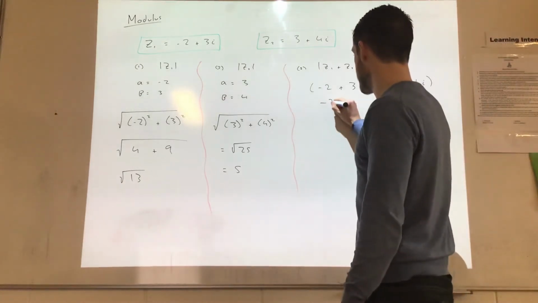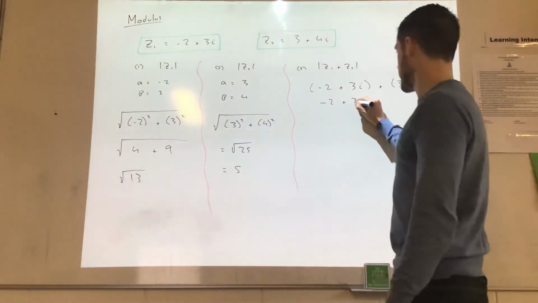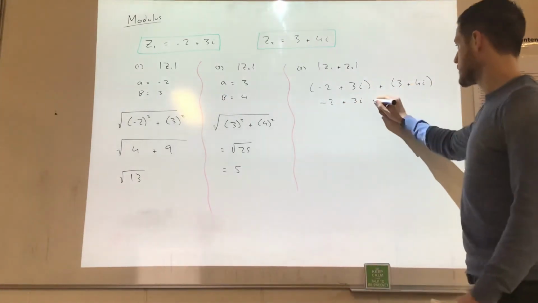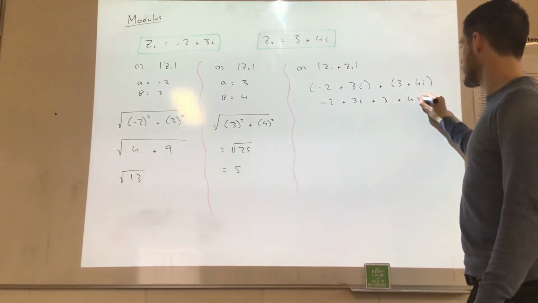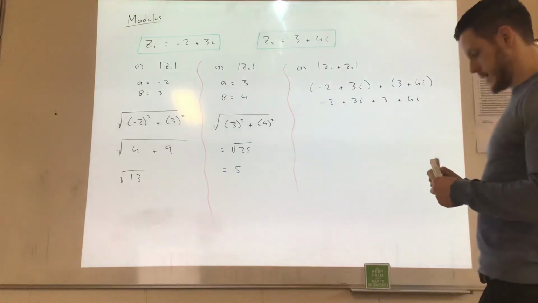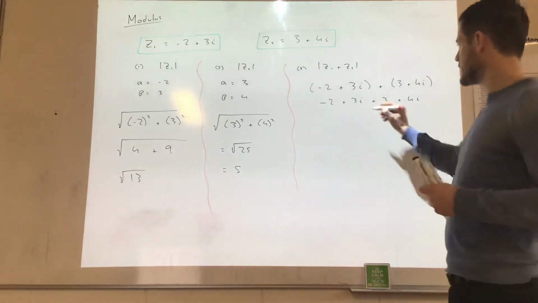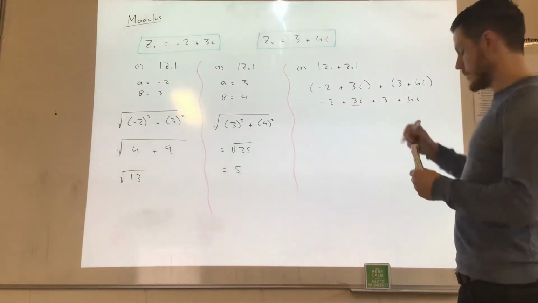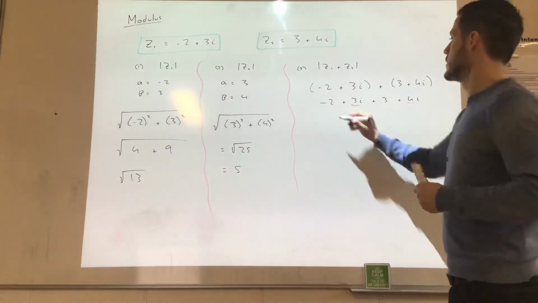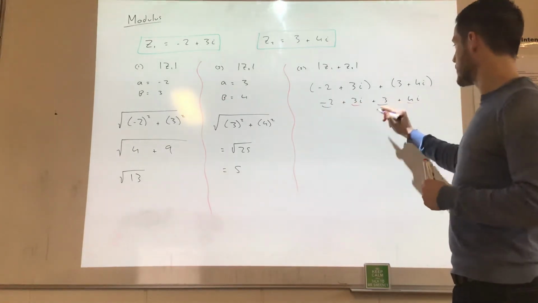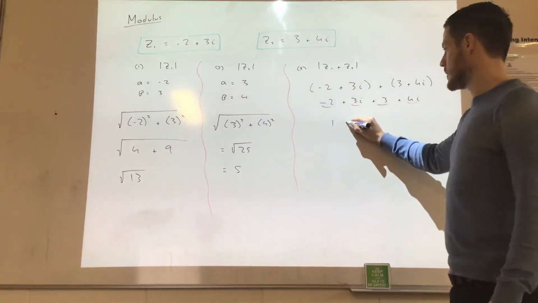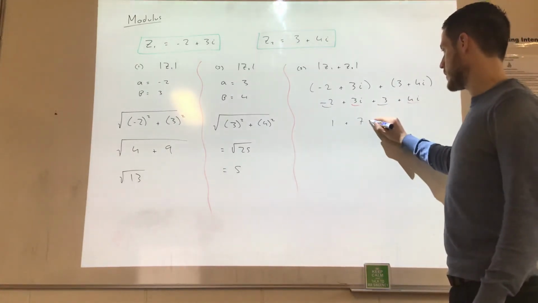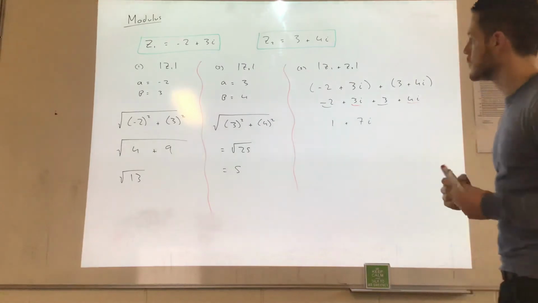So I'm going to do minus 2 plus 3i plus 3 plus 4i. And then I can add together my i's, and I can add together my numbers. So minus 2 plus 3 gives me 1, 3 plus 4 gives me plus 7i. So that's what z1 plus z2 is.